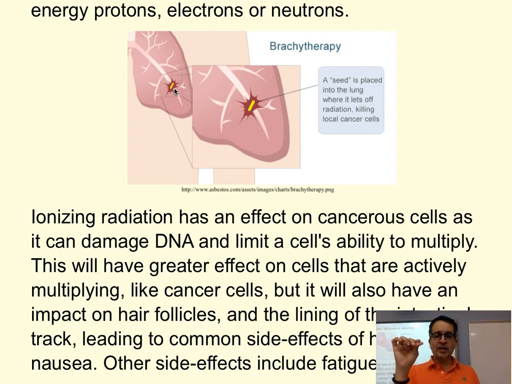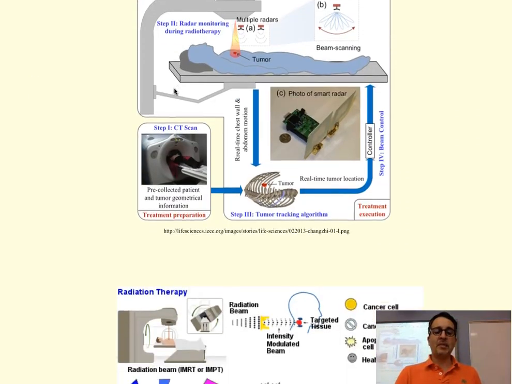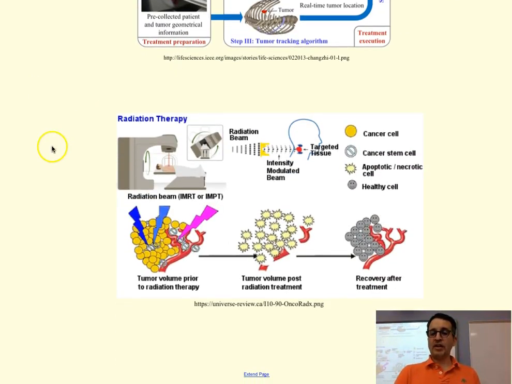Normally they're not much bigger than a grain of rice. It gets placed in the area where we want to destroy a tumor, and as the cells die around it, it allows normal cells to continue developing. This is what we see in the bottom image. Even though this is for external radiation, this can also happen through internal radiation. We are causing the lysis of the tumor cells, and there is a possibility for good cells to grow back.